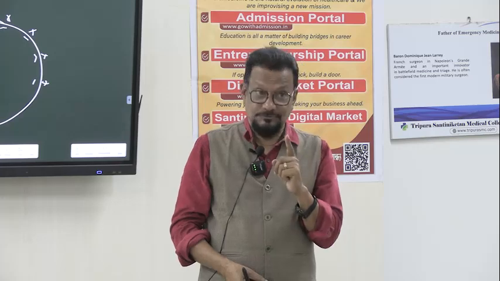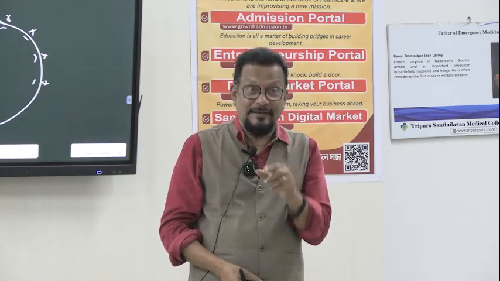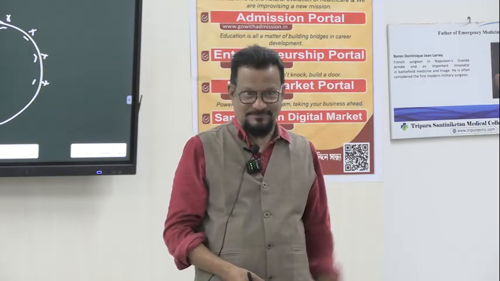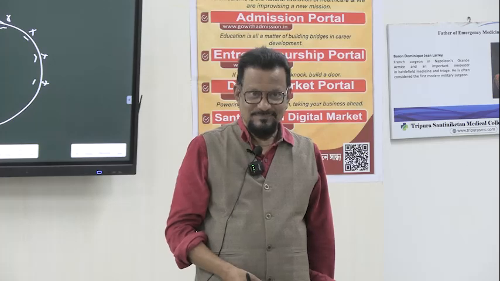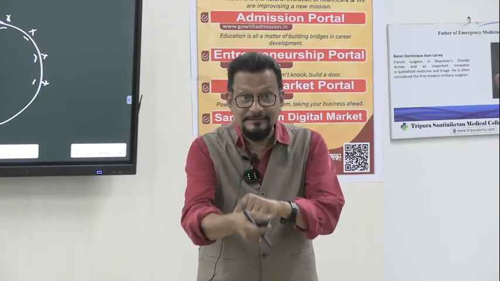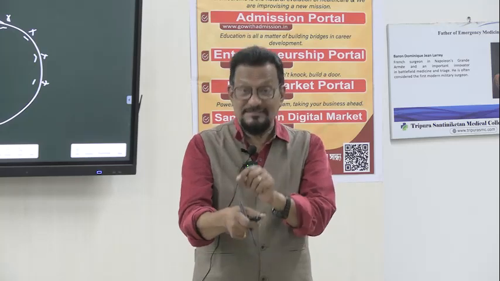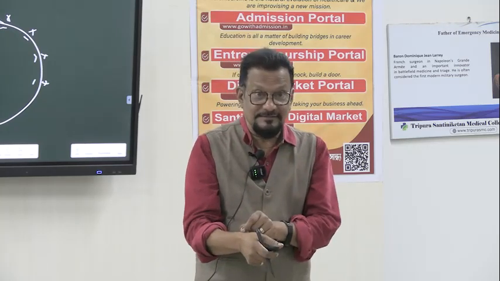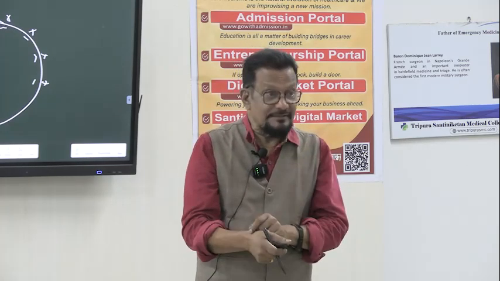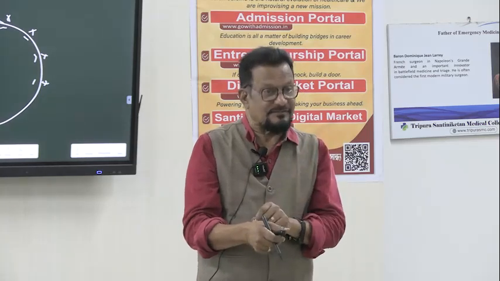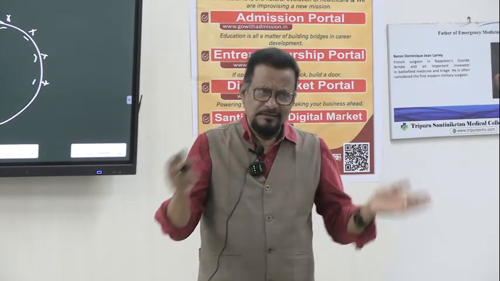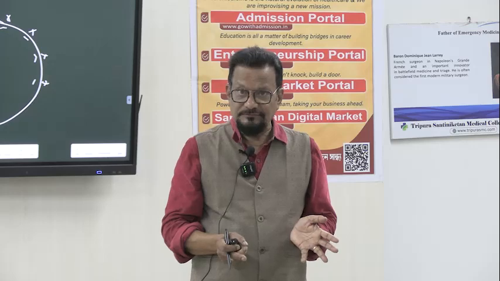But it allows when the cell membrane is disturbed by a stimulus. It may be mechanical, it may be thermal, it may be electrical, it may be chemical. Chemically, I can excite a cell. So there are many types of stimulation.